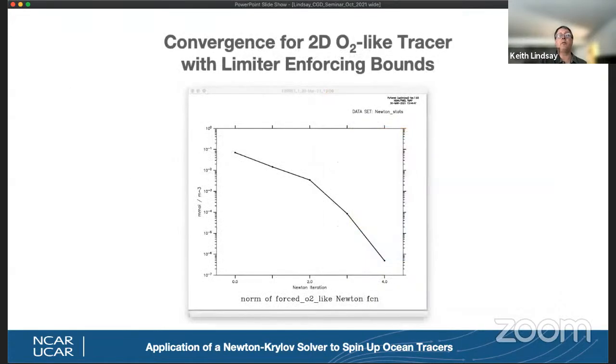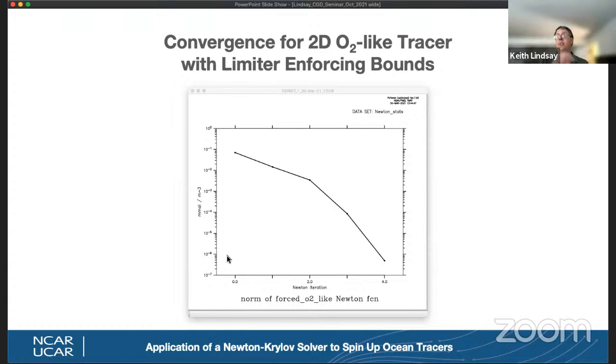With this simple framework, you can then start trying ideas for how to deal with non-physical values of our tracer. What if I put in an idea to enforce physically based bounds on our tracers coming out of the Newton solver? If you do that in the 2D problem, indeed now, with 4 Newton iterations, the residuals for the oxygen tracer have gone down 5 orders of magnitude.